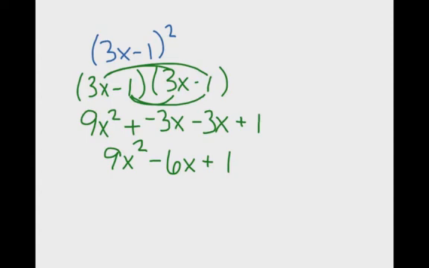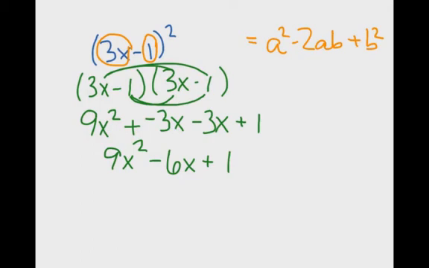Now if we want to use our identity, which if you remember is a squared minus 2ab plus b squared. In this case, our a is 3x and our b is 1. Notice it's not the negative 1, but just the 1, because we're dealing with the square of a difference.